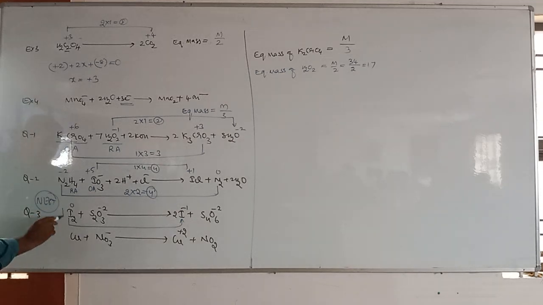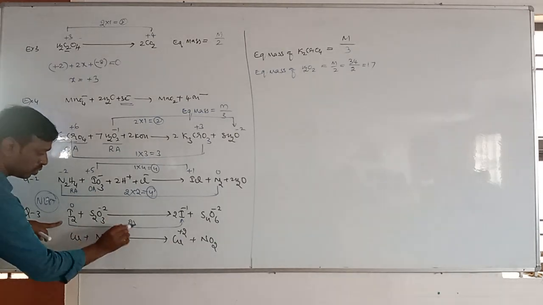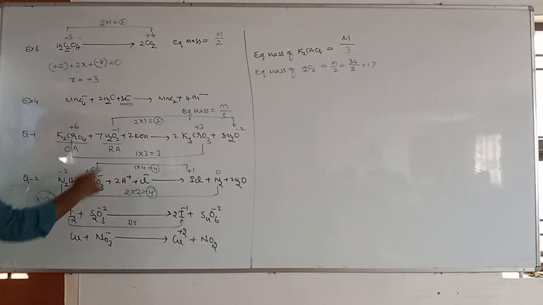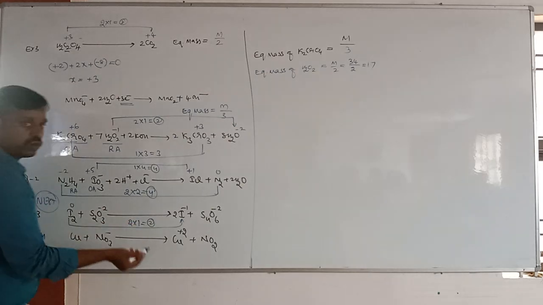We should calculate for 1 mole. Suppose I write 2 here, this 2 should not be taken, it becomes 2 moles. So here 1 mole of iodine has 2 iodine atoms. 2 into 1, since each iodine changes 0 to -1. That is 1, that is 2, so M by 2.